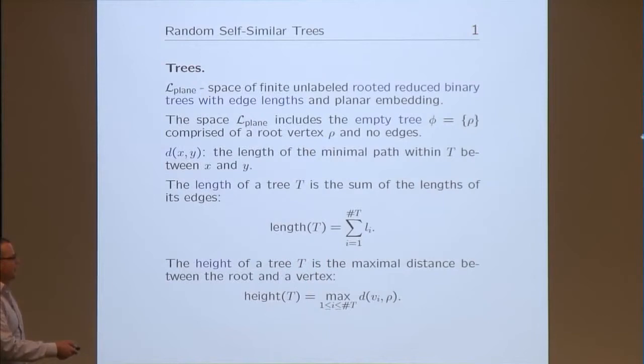The two functions of trees that we will use quite intensively are the length of the tree, which is the sum of the lengths of all edges, and the height of the tree, which is the furthest distance among the leaves to the root, the biggest distance between a leaf and the root.